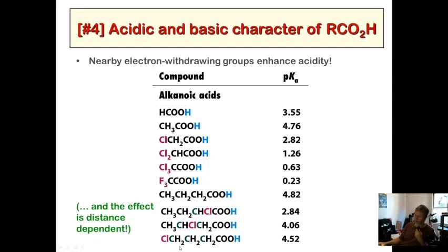But we can still see that even in this bottom one, it's carboxylic acid, carbon, carbon, carbon, and then chlorine. It still is a little bit lower than this guy, the butanoic acid or butyric acid, because the effect travels through distance, through the sigma bonds, right? It's a sigma bond transmitted thing. What's that called? It's an I word. It's induction, right?